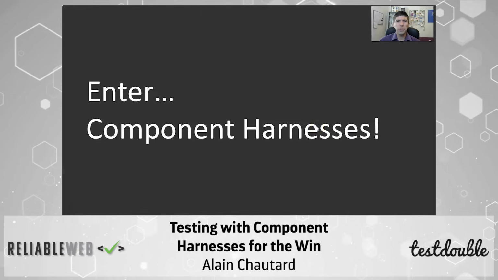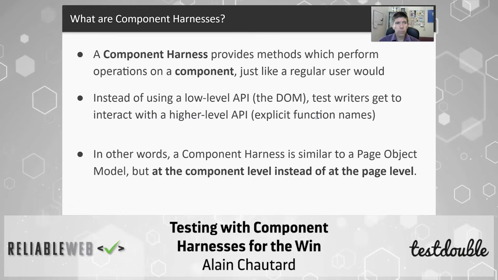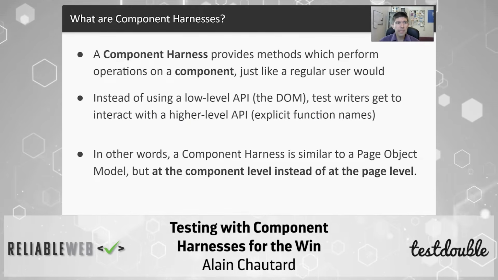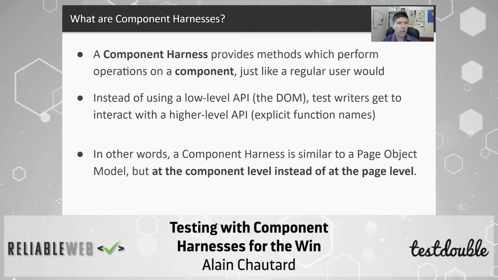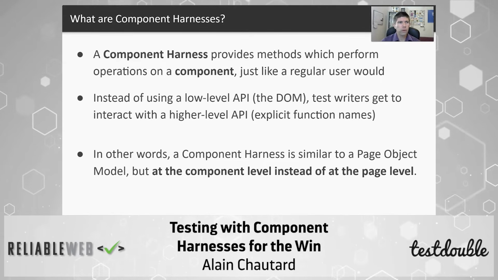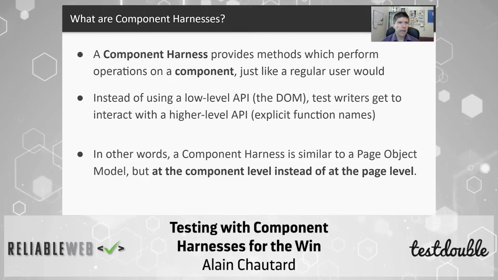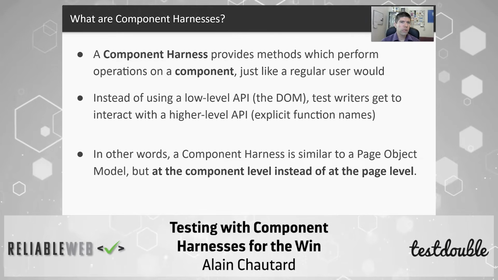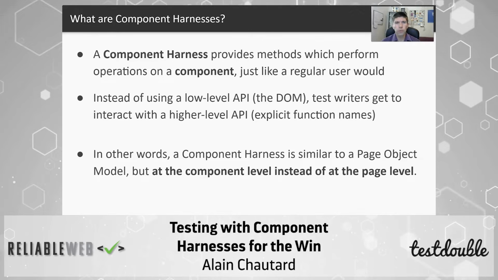So now we can talk about component harnesses. And the good thing about a component harness is that it is basically that same idea of page object, but applied at the component level. So a component harness is going to be an object that has methods, functions that can do operations on the component just like a regular user would.